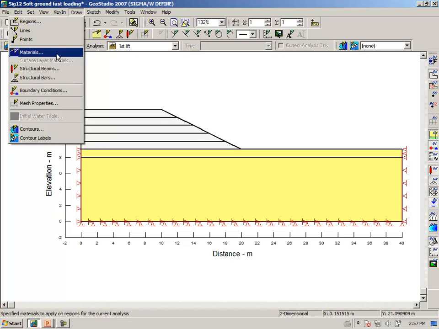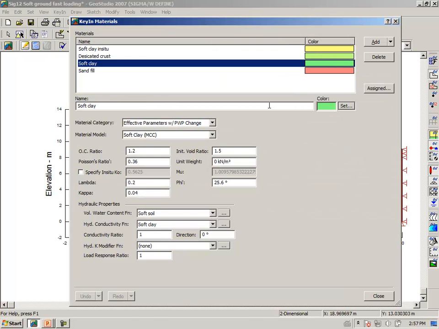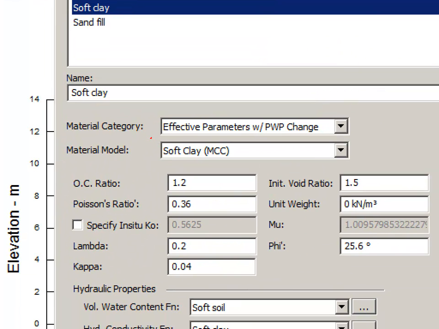Draw materials. Our soft clay, looking at the properties, notice that we are now selecting the category as effective parameters with pore water pressure change. We have selected a constitutive relationship for modified Cam clay, and over consolidation ratio of 1.2.